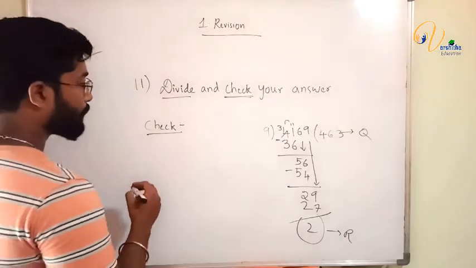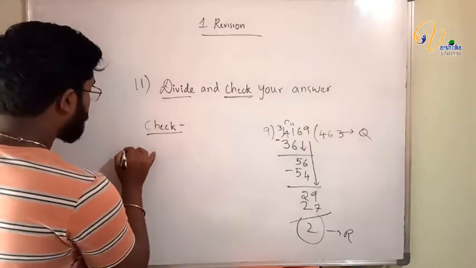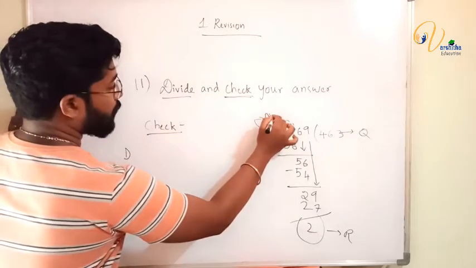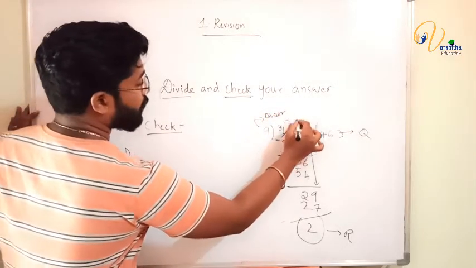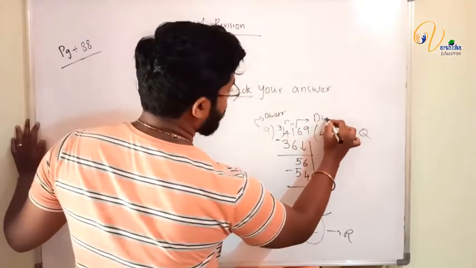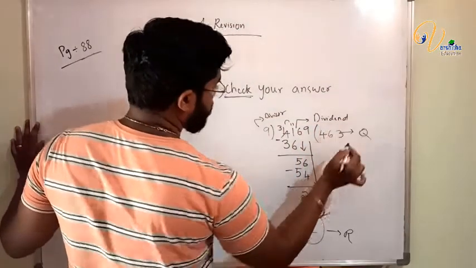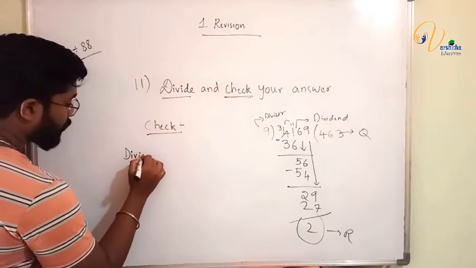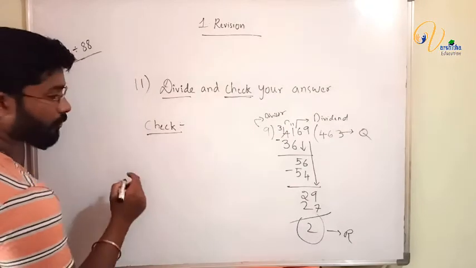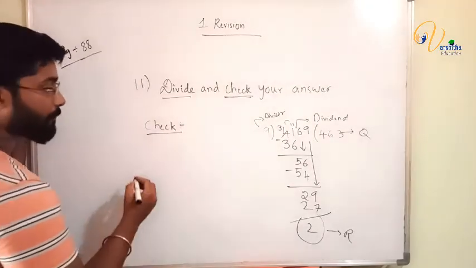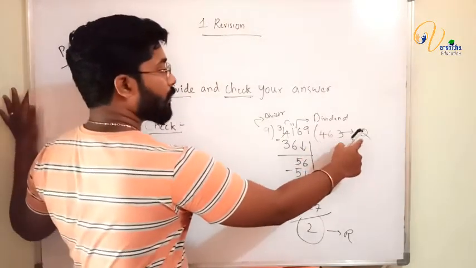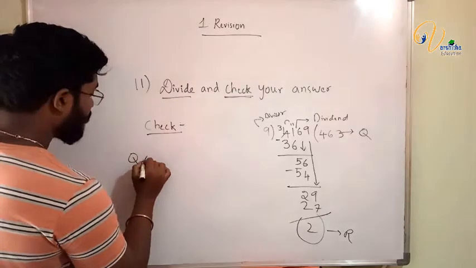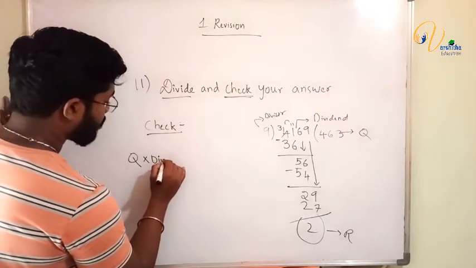What is that? This is the divisor and this is called the dividend. You have to do one thing here: multiply quotient and divisor, quotient into divisor.